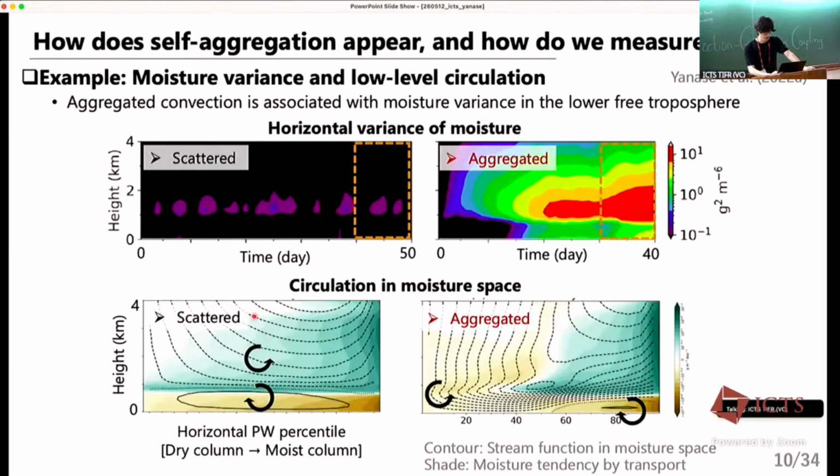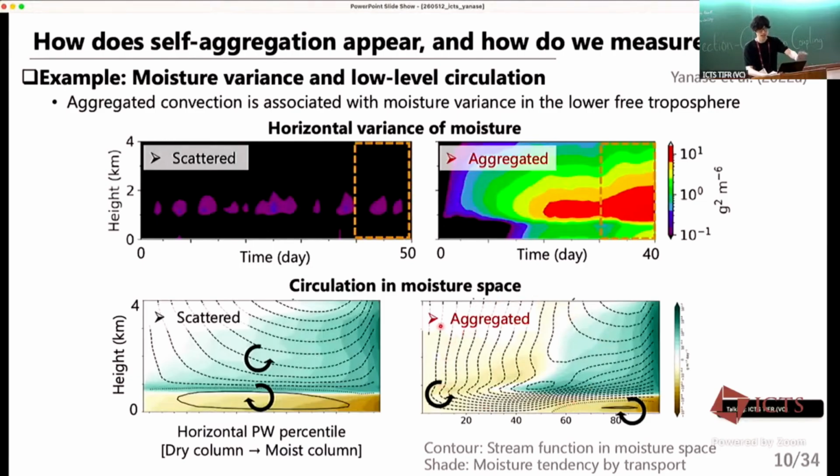In the scattered case, there is inflow to the moist region like this, but near the surface there is an opposite circulation. I will explain later, but it is related to cold pool divergence. In the moist region, a cold pool is produced by evaporative cooling, and it produces a divergent wind. This is a prominent feature of the scattered case. On the other hand, in the aggregated case, the counterclockwise circulation is prominent even in the boundary layer.